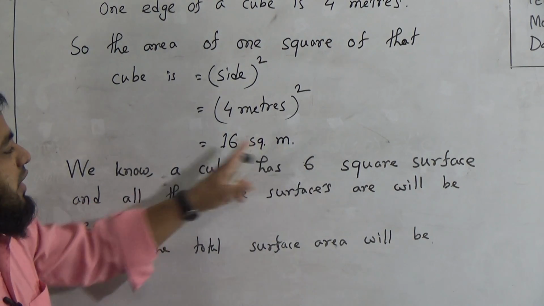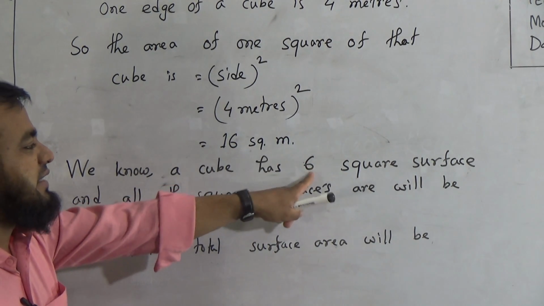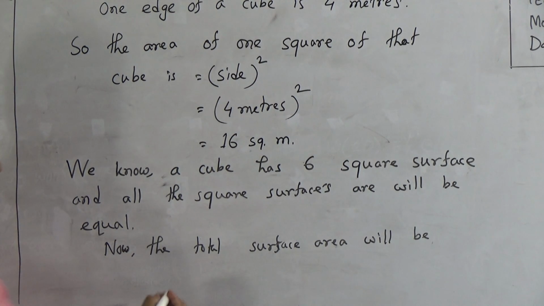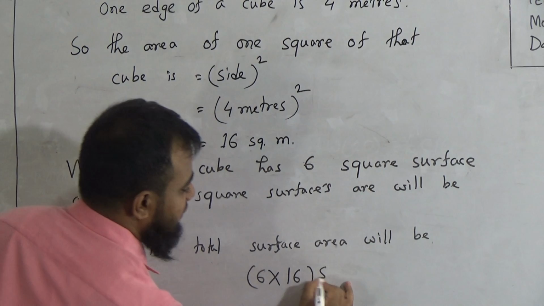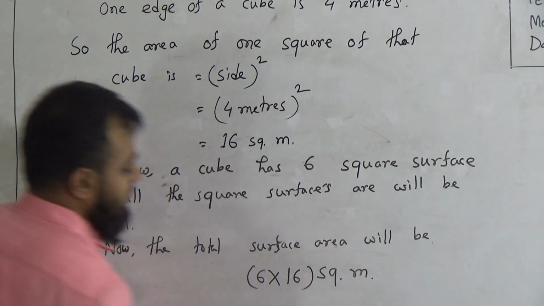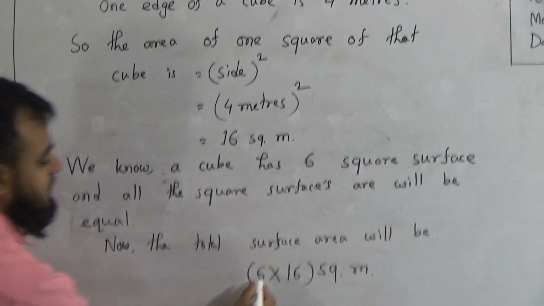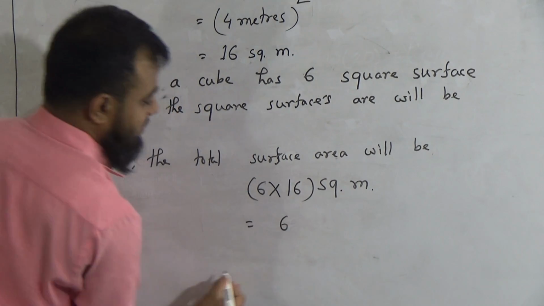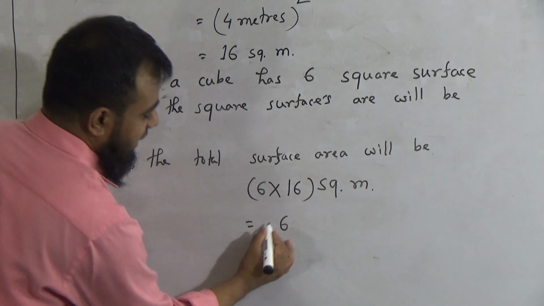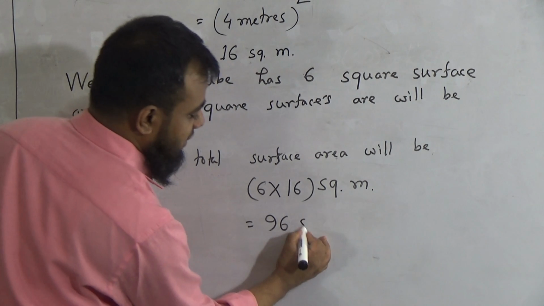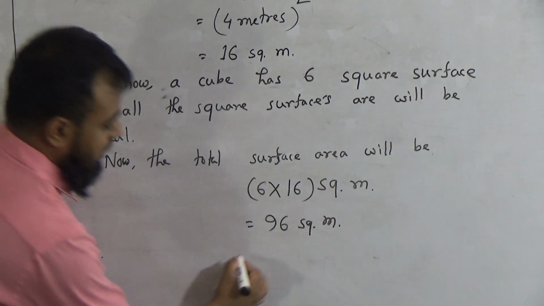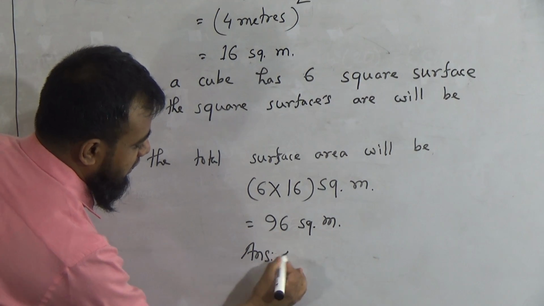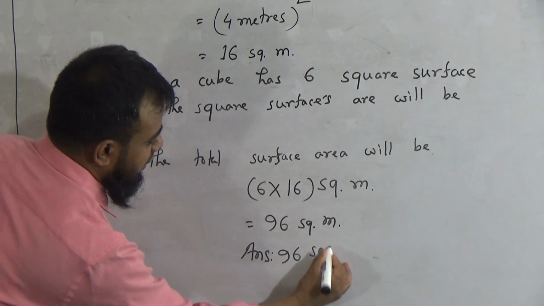That's why we will multiply this 16 square meters by 6. We will get the total surface area. Okay, it will be 6 multiplied by 16 square meters. That's equal to, 6 sixes are 36. It will be 6, 3 is in our hand, 6 ones are 6, and 3 makes 9. So 96 square meters will be our total surface area. Okay, so the answer will be 96 square meters.